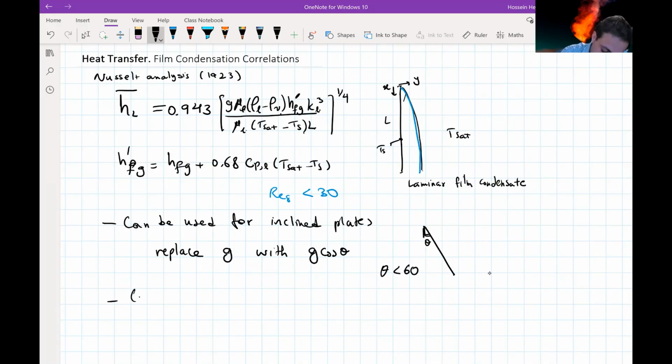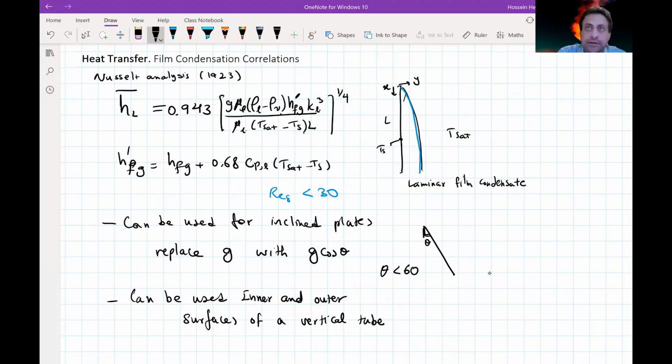It also can be used for condensate over vertical tubes, for the inner and outer surfaces of a vertical tube, with the condition that the radius or diameter of the tube is much larger than the condensate thickness.